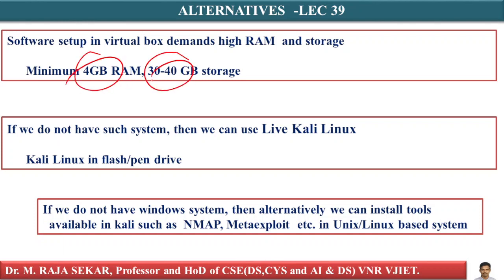And 30 to 40 GB of secondary storage. This much space is typically needed whenever you are doing this kind of software setup. So it requires quite a bit of storage or resource. If you install multiple virtual machines, this requirement will go up even more.